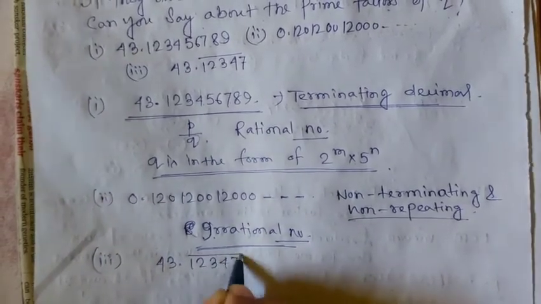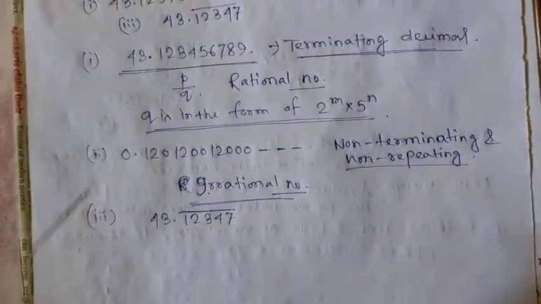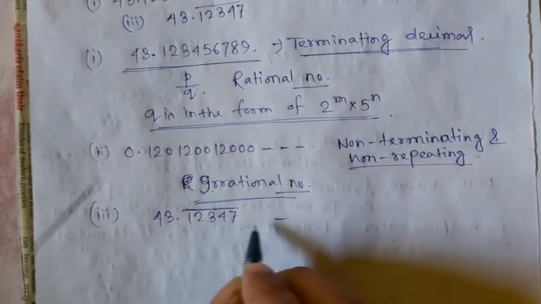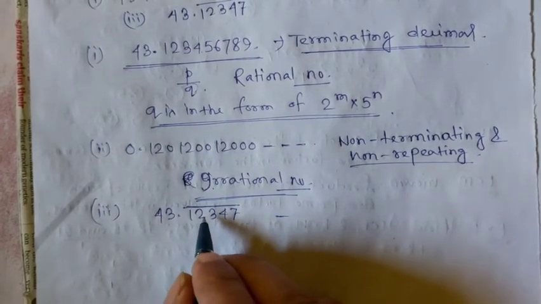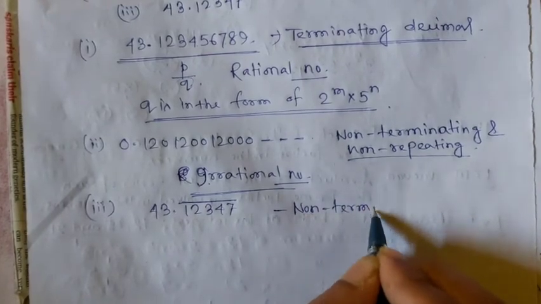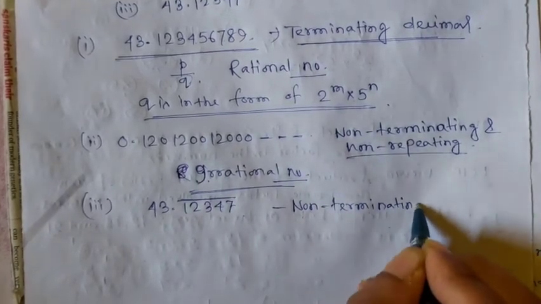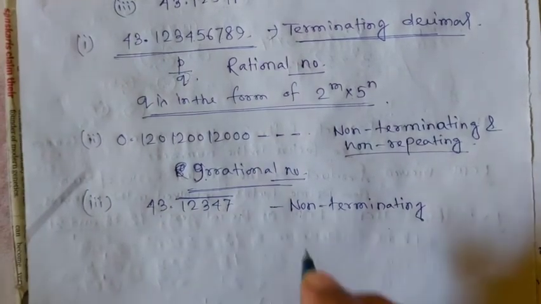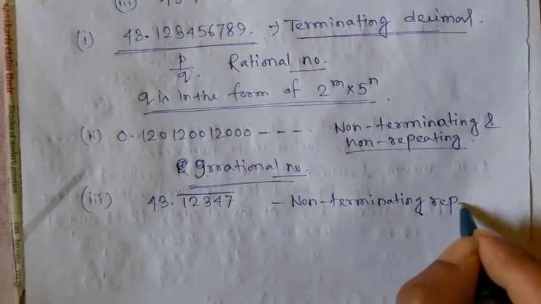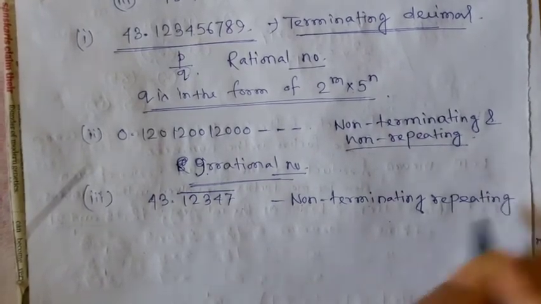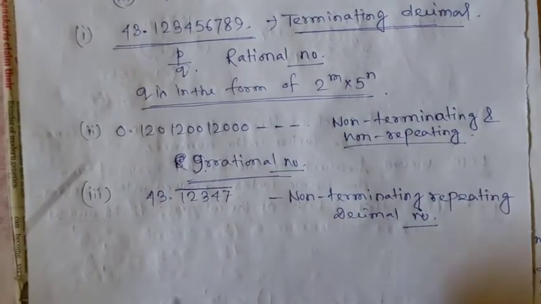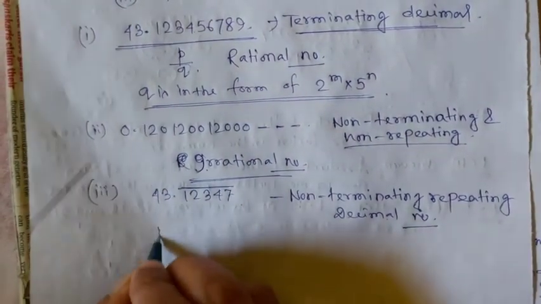43.12347 repeating. Clearly this is non-terminating but repeating. It never ends, but it is repeating, a non-terminating repeating decimal number. Non-terminating repeating decimal means this is a rational number.